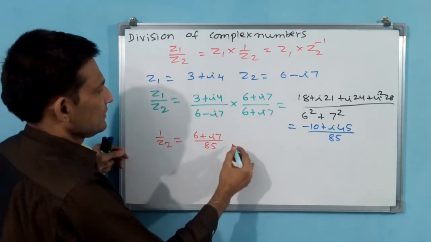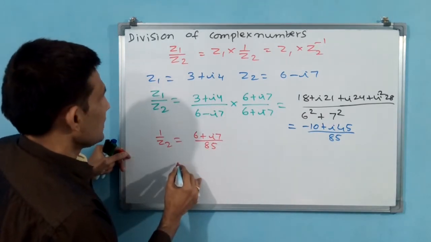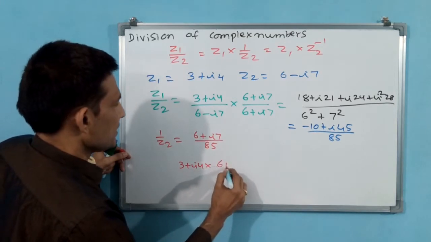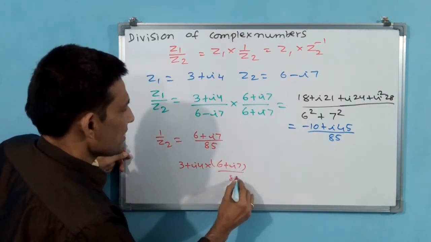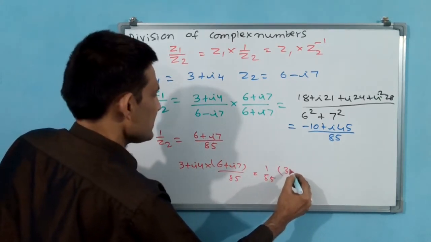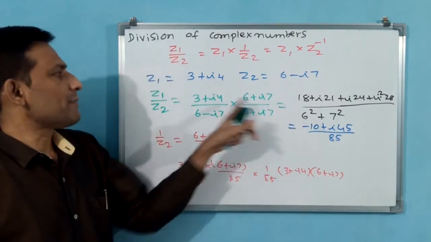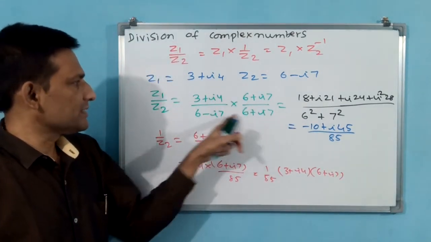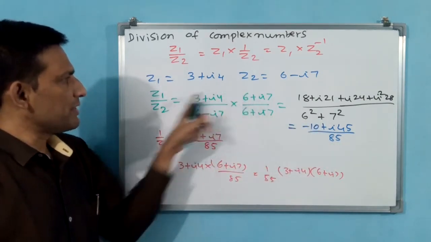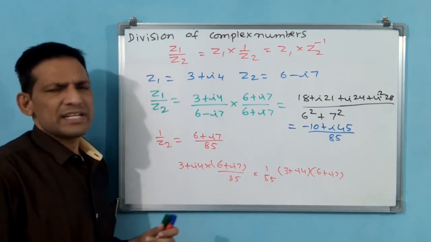Same thing you have written. Now what we do? (3 plus I4) into (6 plus I7) by 85. The 85 is common anyway. You are going to multiply finally (3 plus I4) into (6 plus I7) only. Same thing happened here, because you already took the 85 common. That means in this process we are doing rationalization only.